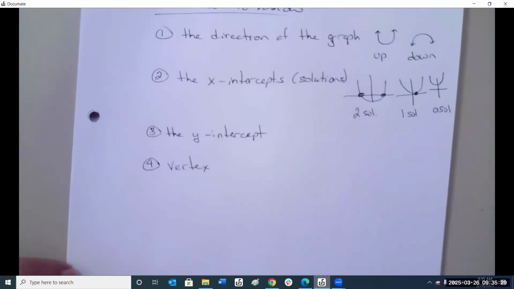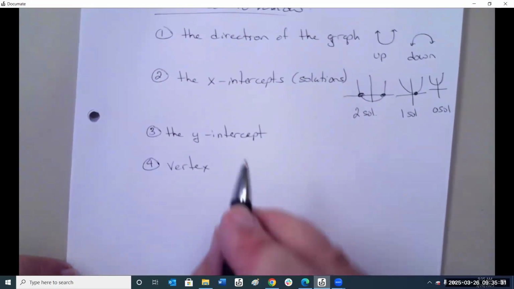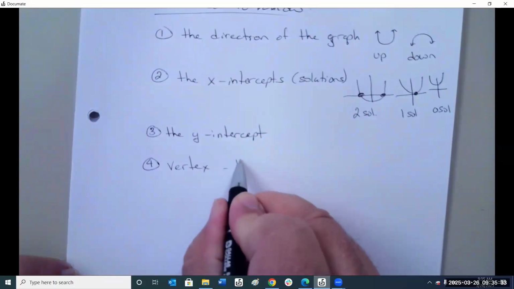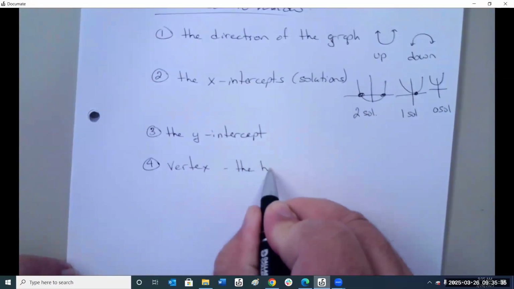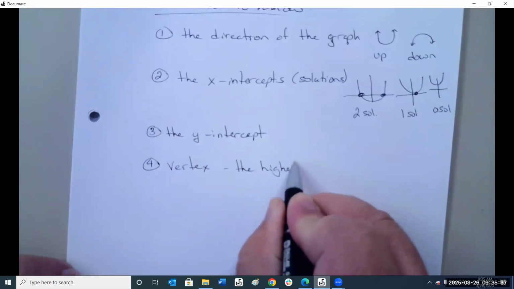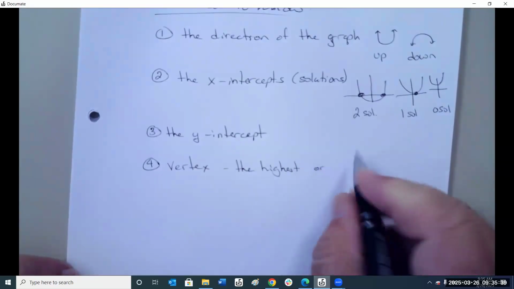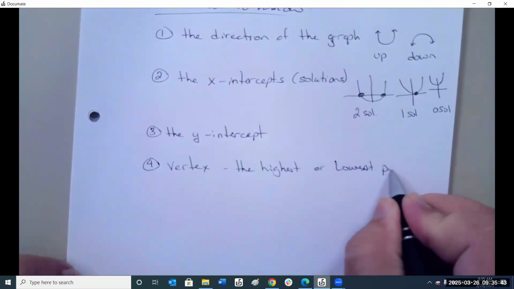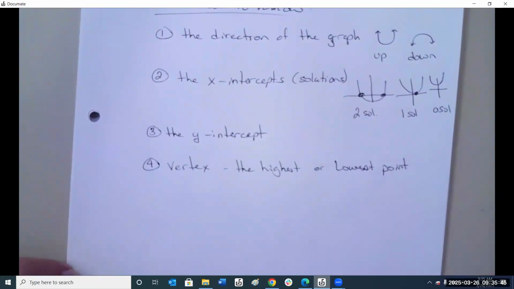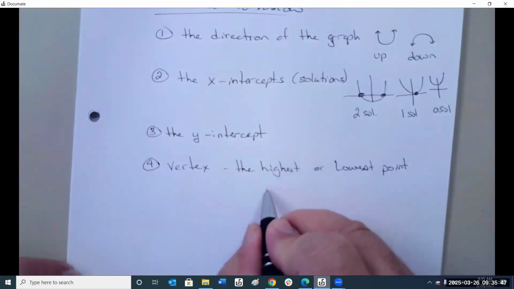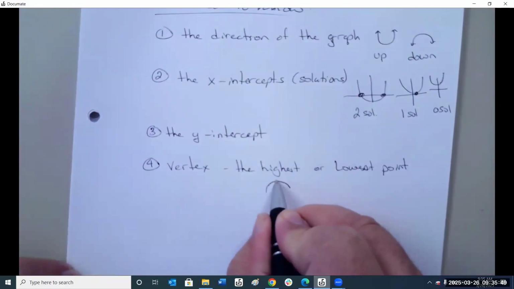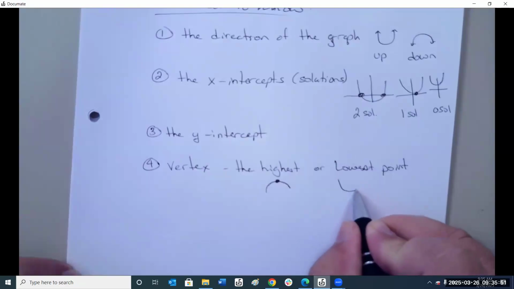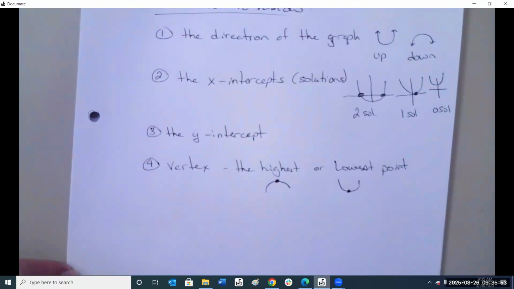Four, we have to know the vertex, the highest or lowest point. Those are the vertex.